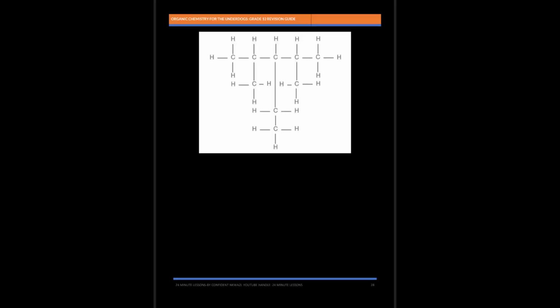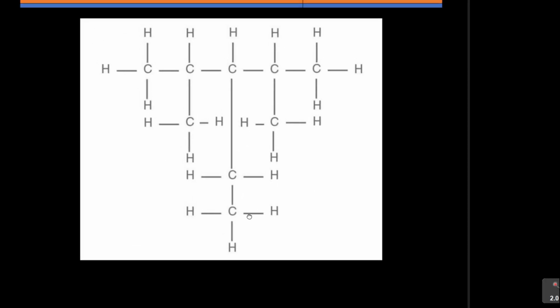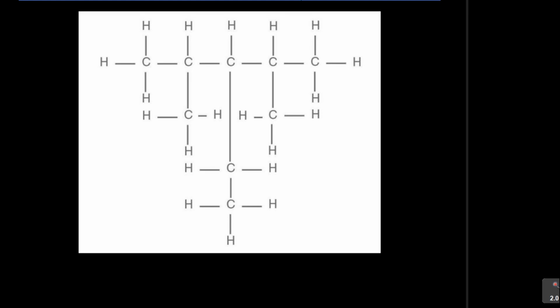Alright, that's the name. Now let me look at this one. Not complicated, also not complicated. It wants the longest chain, and let me just see the longest chain here. I think it was still the same.